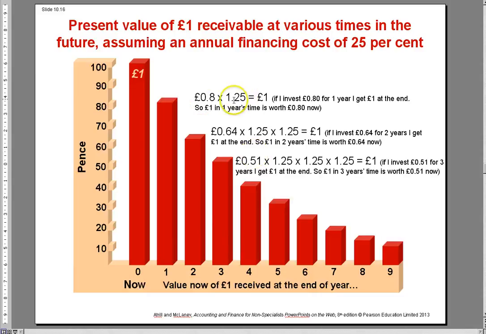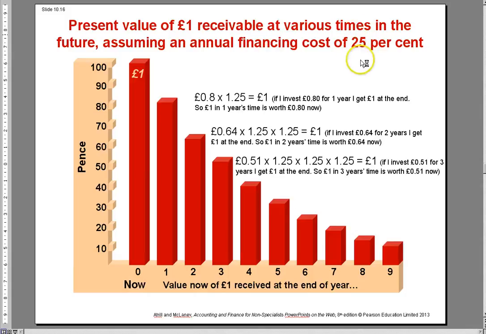plus the interest rate, let's go back here, the present value of £1 receivable at various times in the future, assuming an annual financing cost of 25%. So 25% is our financing cost, as it rightly says.